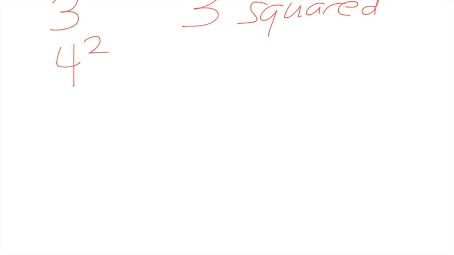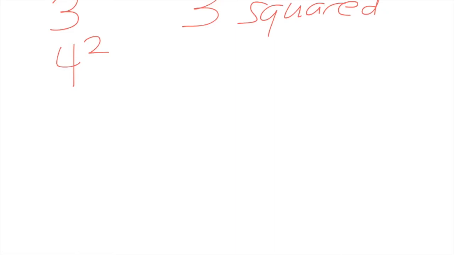Moving on, in some cases, we have special words that we're going to use. For example, if I asked you to read that to me, we don't say 3 to the 2nd power. We actually say this is 3 squared. If I wrote this, that would be 4 squared. You know what 4 squared is, right? No, it's not.